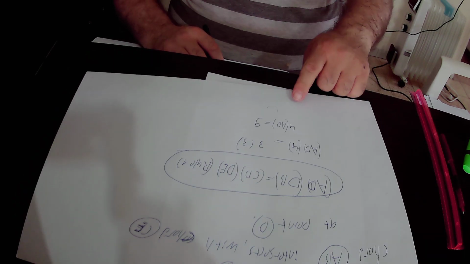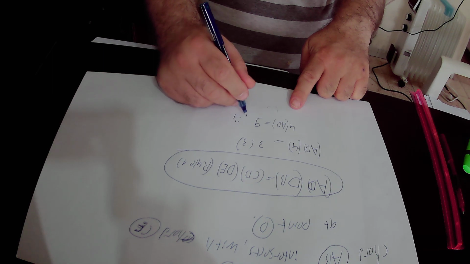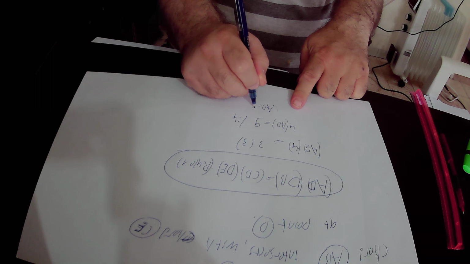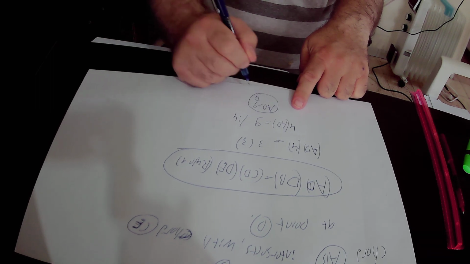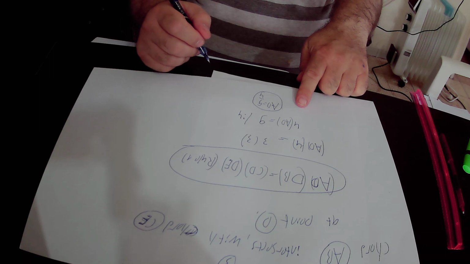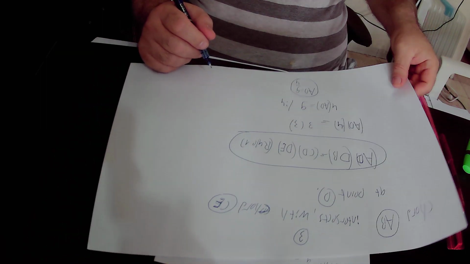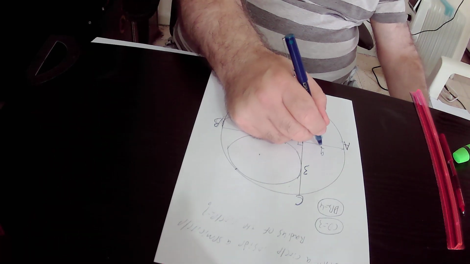Here we will divide this equation by 4, and we'll get that AD equals 9 over 4. So if I know that AD equals 9 over 4, we can write here that AD equals 9 over 4 units.